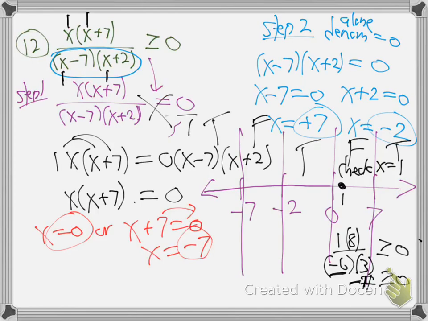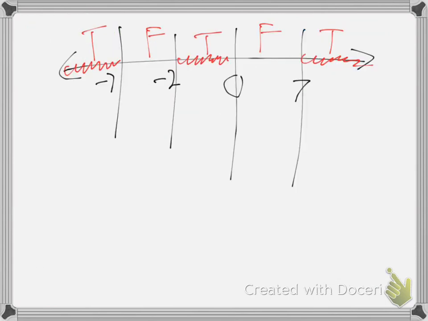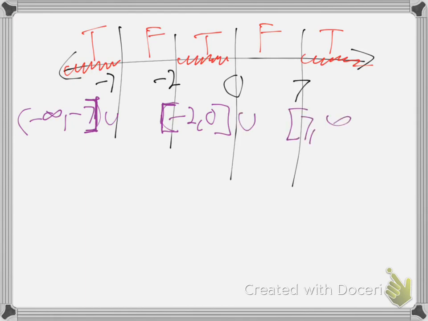And we do have a bar. So we want brackets next to the numbers, not next to the infinities. So how do you say this region? Negative infinity to negative 7, bracket. United with negative 2 to 0, bracket and bracket. United with bracket 7 to infinity.